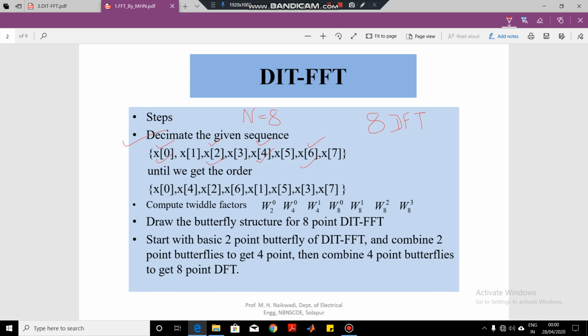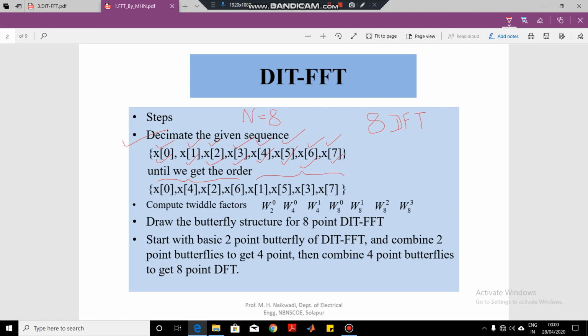That's why we get 0, 4, 2 and 6. Similarly, next we decimate the odd samples. What are the odd samples here? 1, 3, 5 and 7. Again, if we decimate these, first we get 1, 5, 3 and then 7.